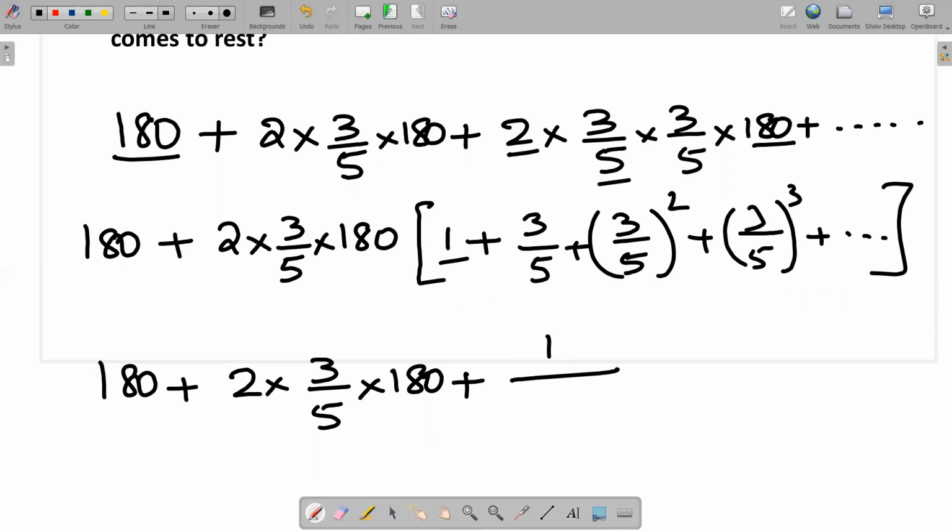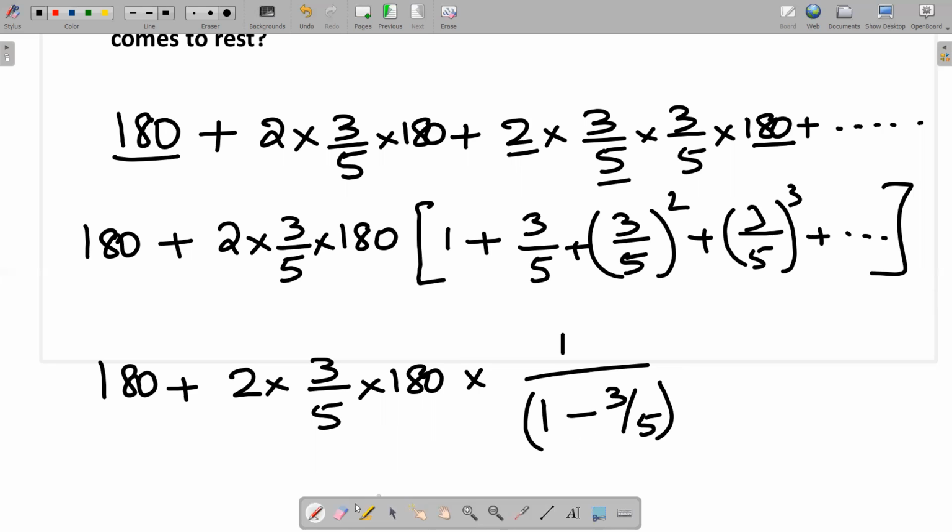Sum to infinity is a by 1 minus r. Kindly note, this is multiplication. So it is 180 plus 2 into 3 by 5 into 180 into 1 by 1 minus 3 by 5. What is 1 minus 3 by 5?